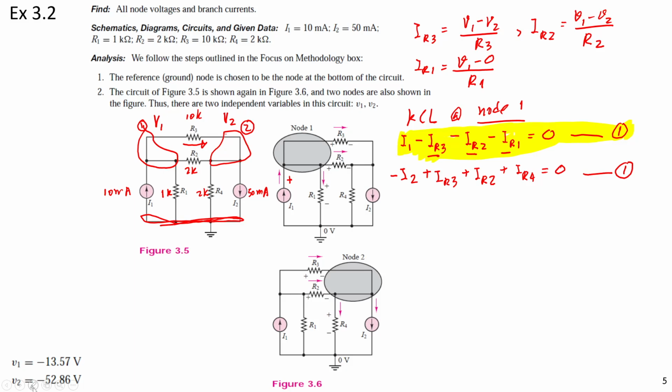So we can substitute all the parameters. I1 is 10 milliamp, minus V1 minus V2 divided by R3, R3 is 10K, right?